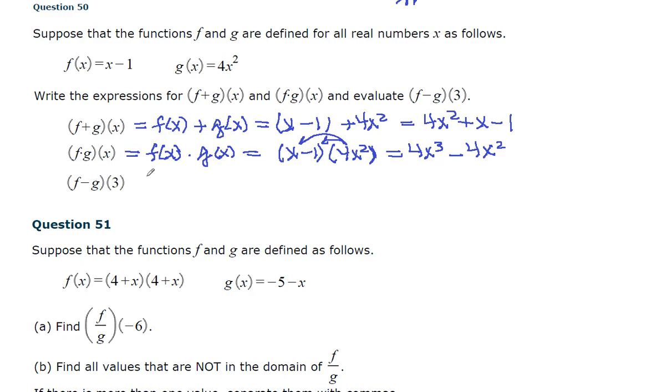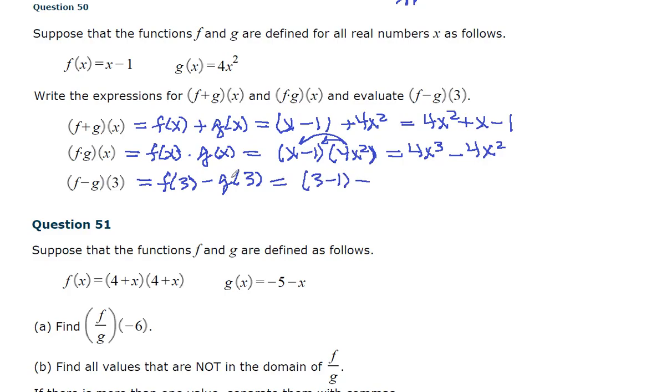F minus g at 3. Well, this one means compute f at 3 and then subtract g at 3. So f plug in 3 will be 3 minus 1.